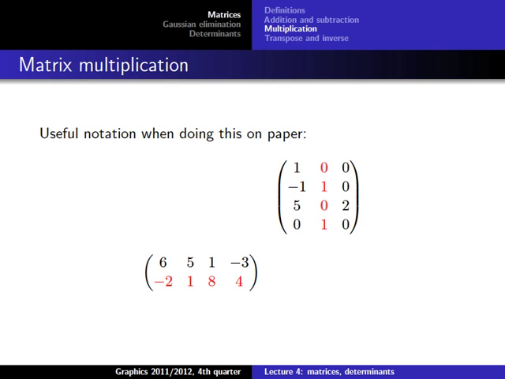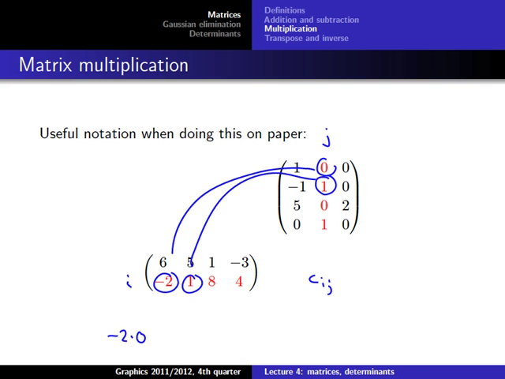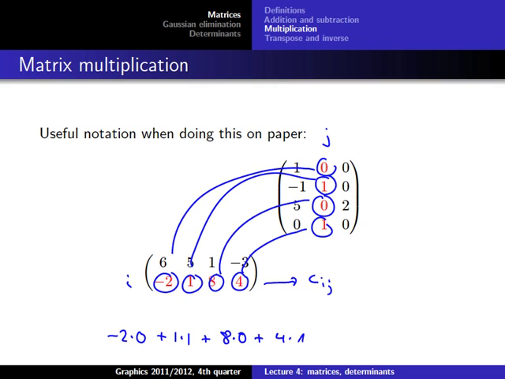So if we want to have the c_ij value, if this is our row i and this is our column j, then we take the first ones multiplied with each other, so minus 2 times 0, these two here, plus the product of this here, 1 times 1, plus the product of the next one, which is 8 times 0, plus the product of the next one, which is 4 times 1, and that gives us our value c_ij. So c_ij, in this case c_22, is 0 plus 1 plus 0 plus 4, that is 5.